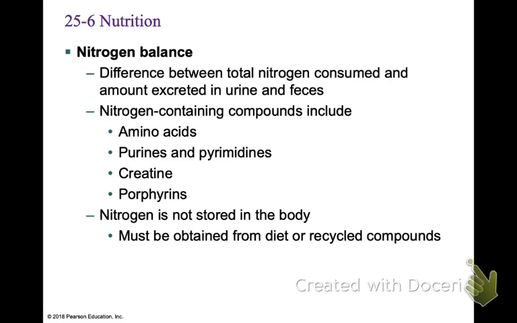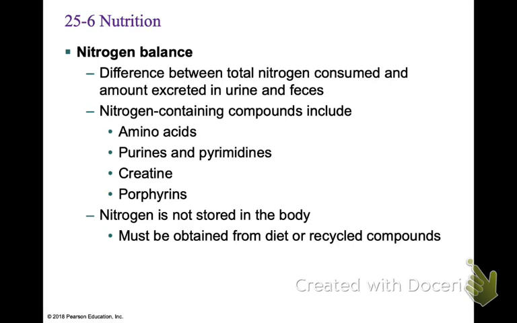And those nitrogen-containing compounds that are waste products are going to be lost in the urine. So as we get into the urinary system, we'll look specifically at the nitrogen-containing wastes, the non-protein nitrogens that are lost in the urine and feces.